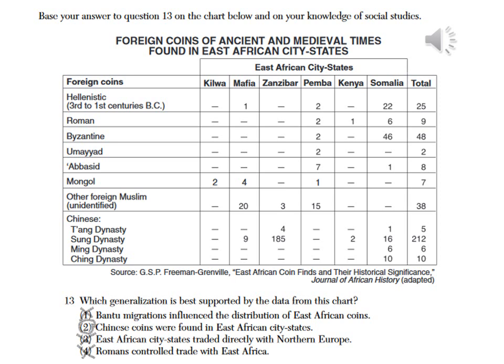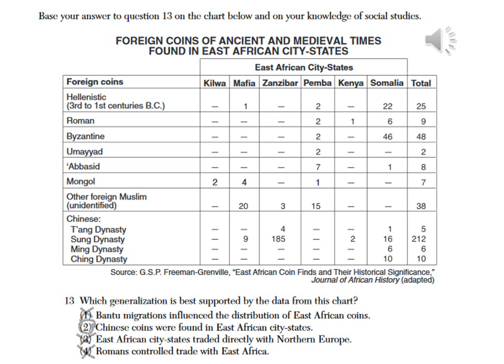It says foreign coins of ancient and medieval times found in East African city-states. Foreign coins is listed in Hellenistic, which is ancient Greek, Persian, Egyptian, Roman, Byzantine, Umayyad, Abbasid, Mongol, other foreign Muslim countries which are not identified, Chinese dynasties. We got Tang, Song, Ming, Qing.